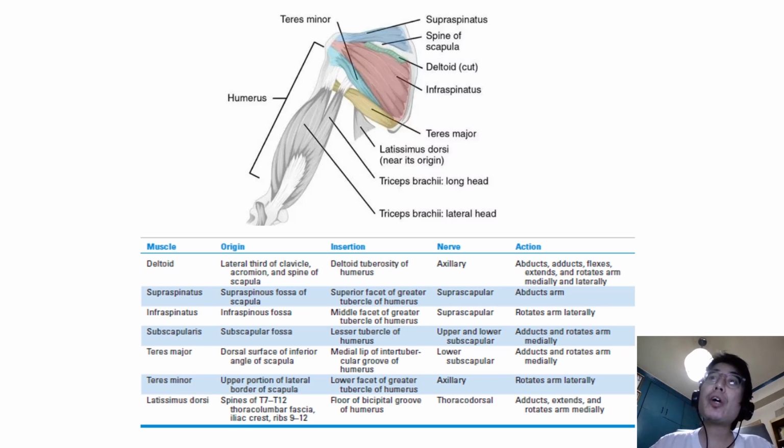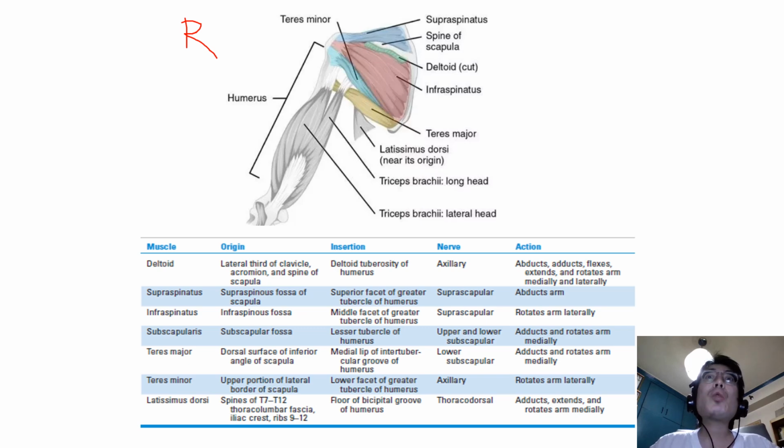For orientation, this is an image of a right shoulder. We are facing it anteriorly, so this is the anterior group of shoulder muscles, and behind it, of course, is the posterior muscle group.